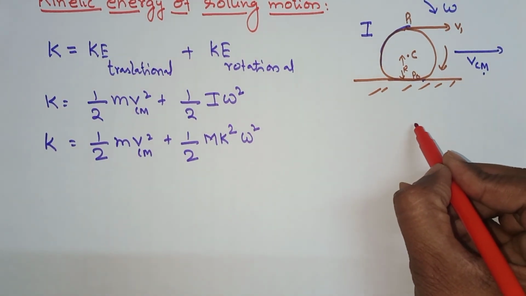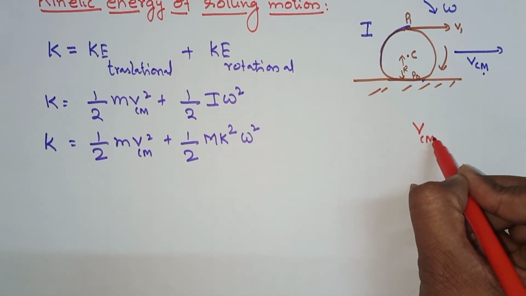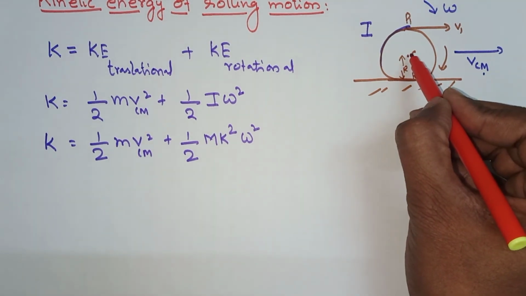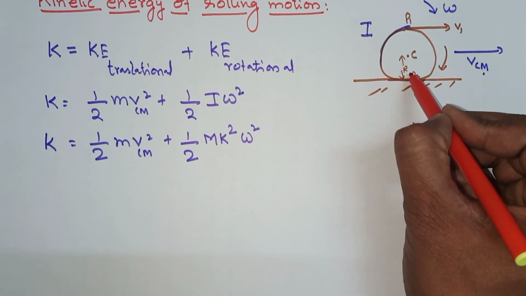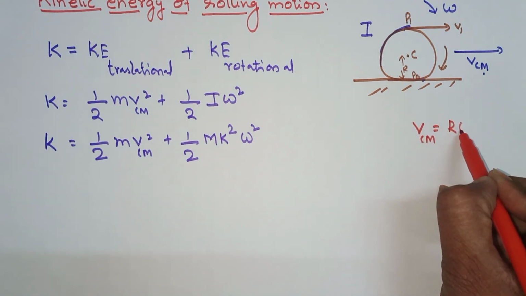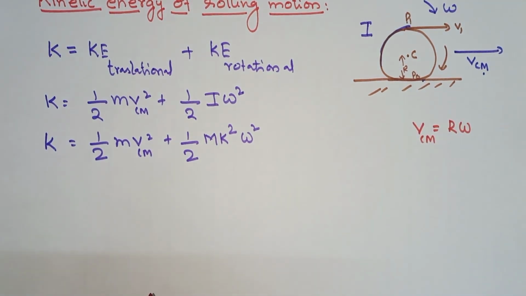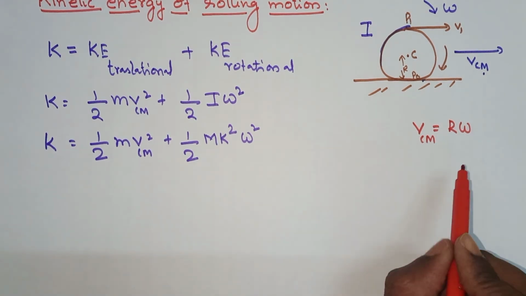VCM is equal to, if we consider radius r, r omega.